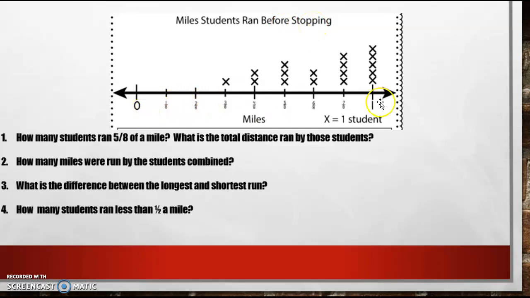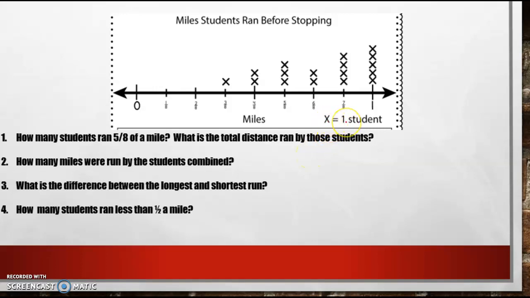At the bottom, what do our fractions at the bottom stand for? Our fractions at the bottom stand for the amount of miles that the students ran. Okay, we have 0 miles, 1/8, 2/8, 3/8, 4/8, so we're working with eighths on this line plot.